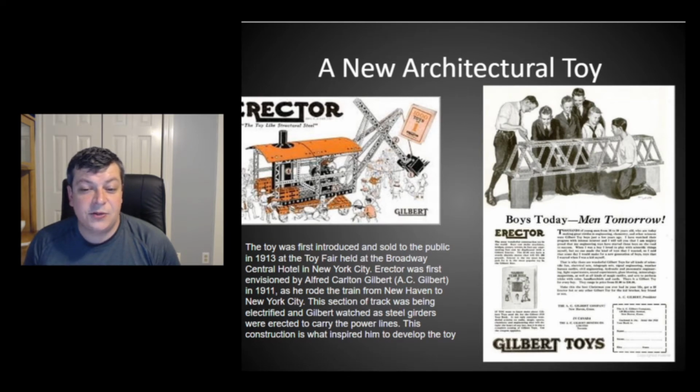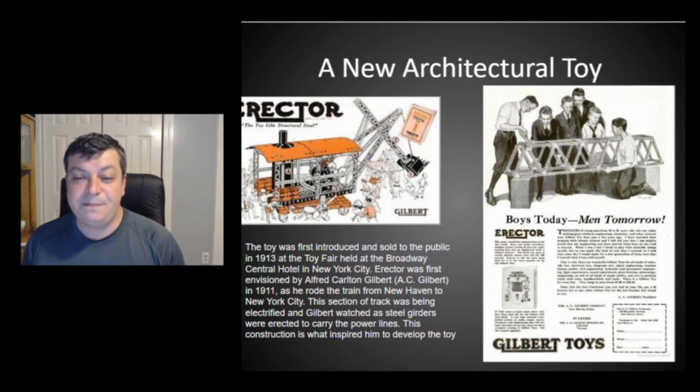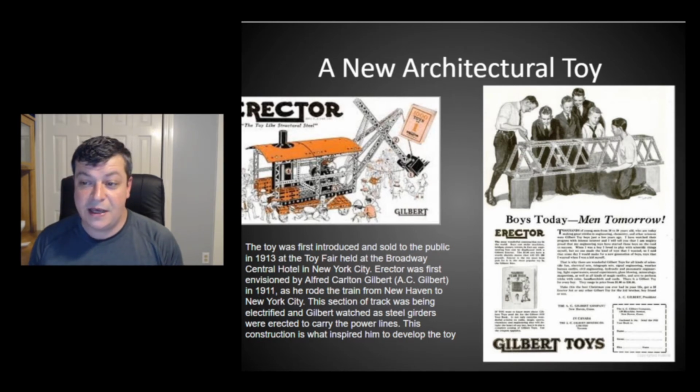He was riding the train from New Haven, Connecticut to New York City, and looking outside as he saw these buildings being built, he saw that steel I-frame construction, and he modeled a toy that could apply the same principles. So even kids in the American industrial age were being raised and steeped in these attitudes about industrialization. Boys today, men tomorrow.